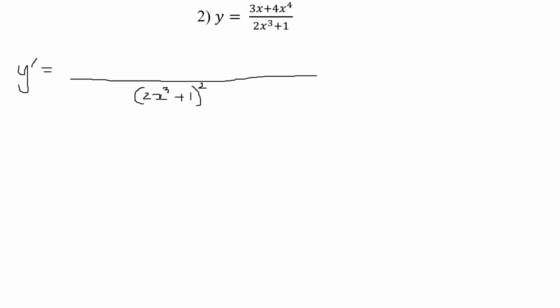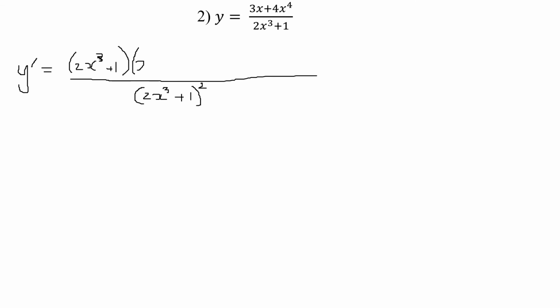And then we have the numerator. So that's the same 2x cubed plus 1. That stays just so. And we multiply that by the first derivative of the top. The first derivative of the top, again, is 3x plus 4x to the 4th. When I find the first derivative there, I will end up with what?